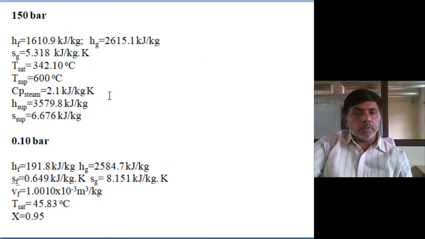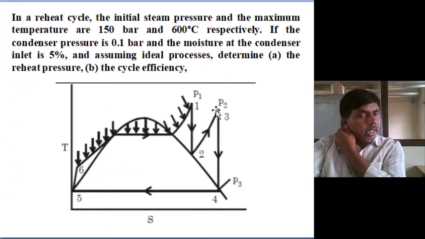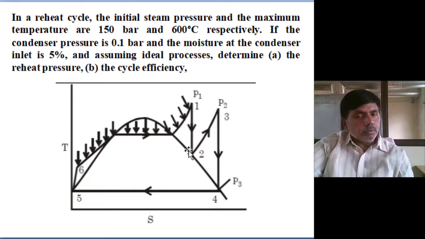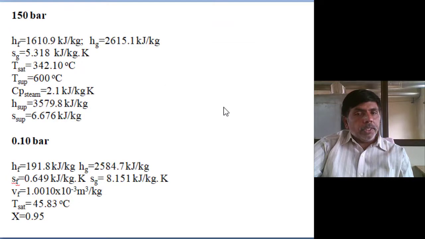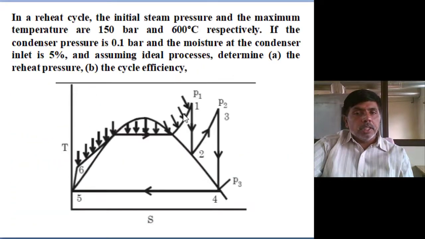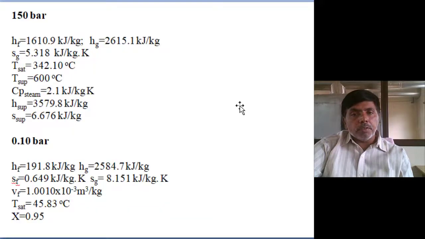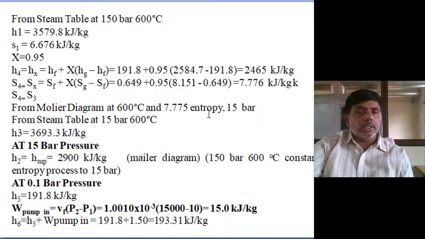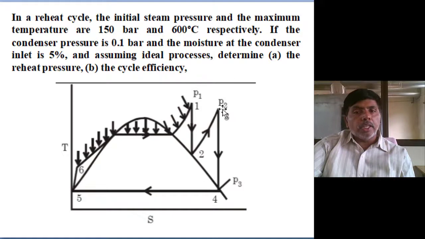Using the Mollier diagram, the reheat temperature we know, that is 600 degrees temperature, and the entropy is 7.776. Then mark the point in the Mollier diagram: 600 degrees temperature and entropy 7.776.